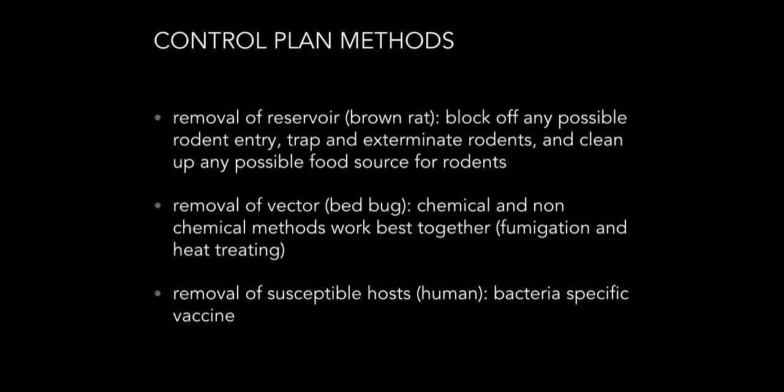Another thing that can be implemented, I forgot to mention that humans are only good hosts for diseases if they're susceptible to the disease in question. The proposed method for decreasing susceptibility of humans as hosts to Phagococcus senioritis is through the implementation of a bacteria-specific vaccine.